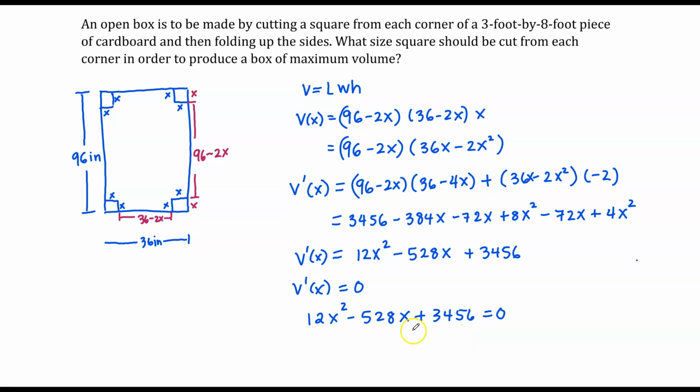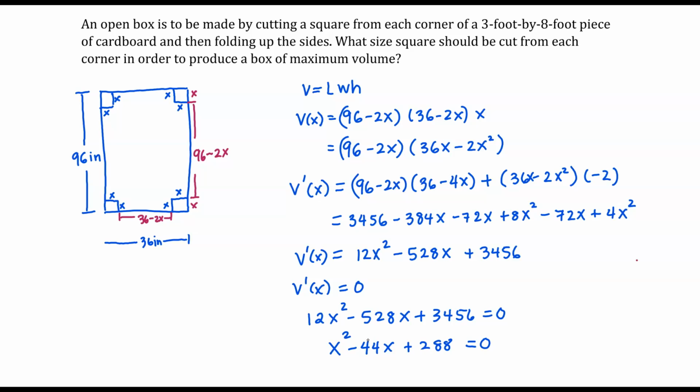If you divide each term by 12, you will see that each of these terms is divisible by 12. So dividing both sides of the equation by 12 will give you x squared minus 44x plus 288, and then you equate that to 0.